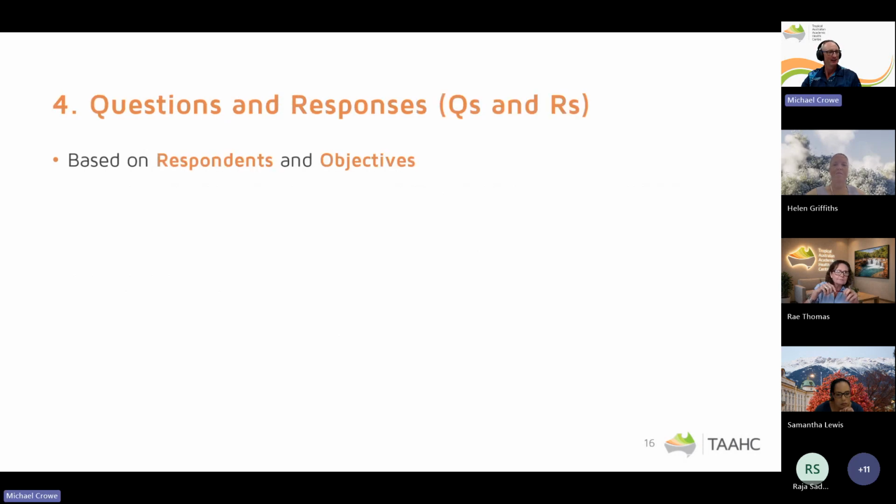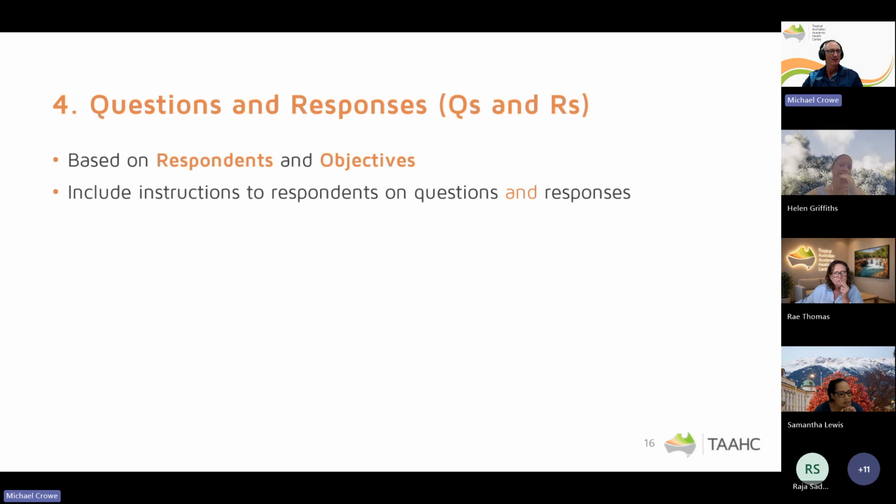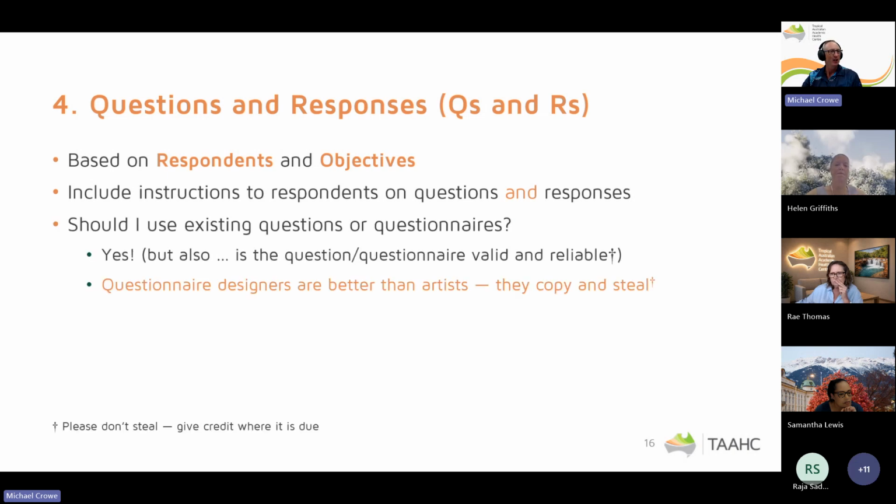All right. So based on your respondents and your objectives, how do you do all this? Remember, include instructions for the respondents on questions and responses. I know I'm repeating myself, but it's worthwhile. Should you use existing questionnaires? The answer is a big resounding yes.